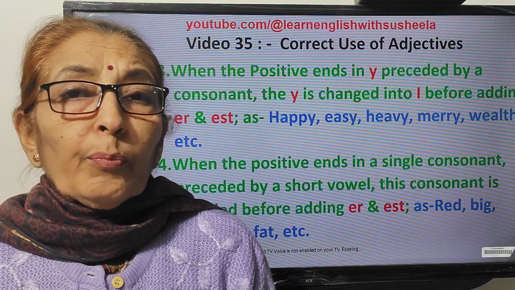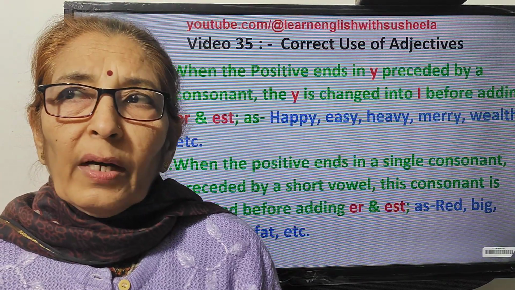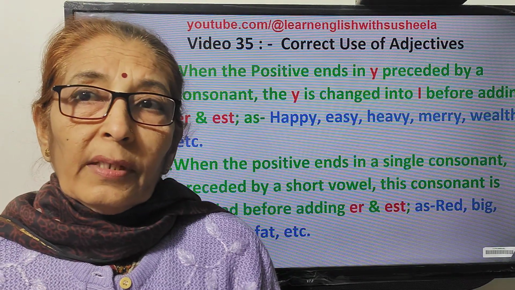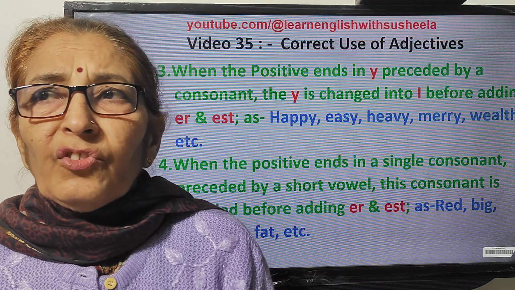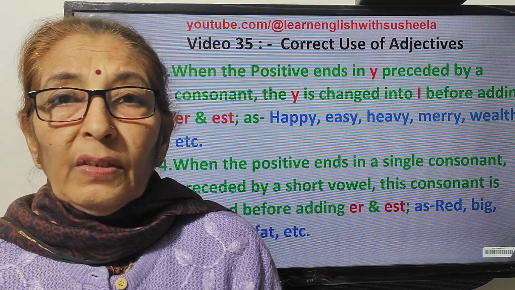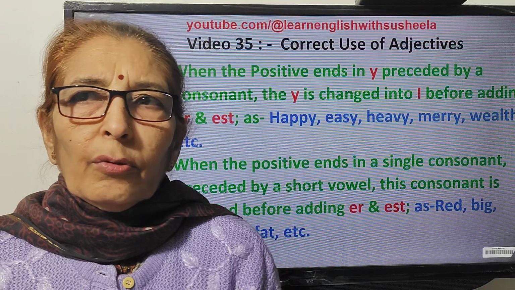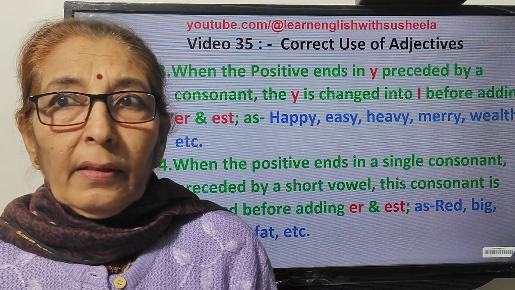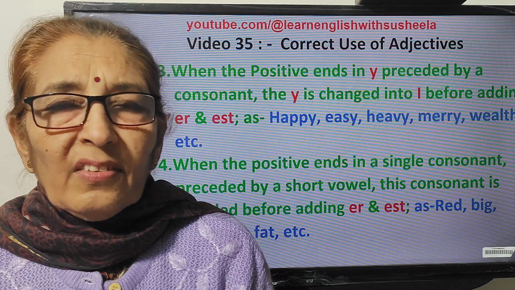Third way, where the positive degree ends in Y, meaning the last letter is Y, preceded by a consonant, and before that a consonant is there, not a vowel. The Y changes into I before adding ER or EST, meaning Y is to be changed into I, and then we use ER or EST, just as happy, happier, Y will be removed, and here IEST.